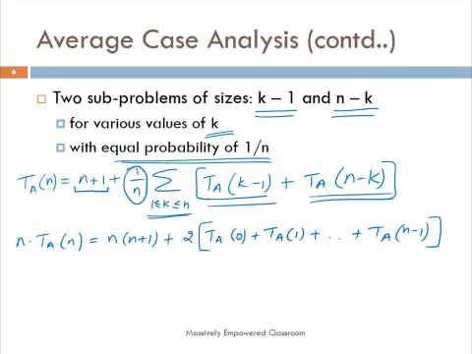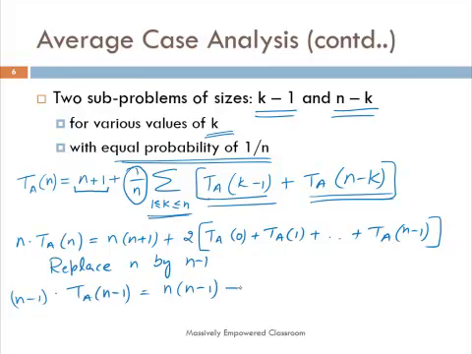Right? Now, we replace n by n minus 1 in this equation. So, you get n minus 1 times T_a(n minus 1) is equal to n into n minus 1 plus 2 times of T_a(0) plus T_a(1) plus etc. up to T_a(n minus 2).